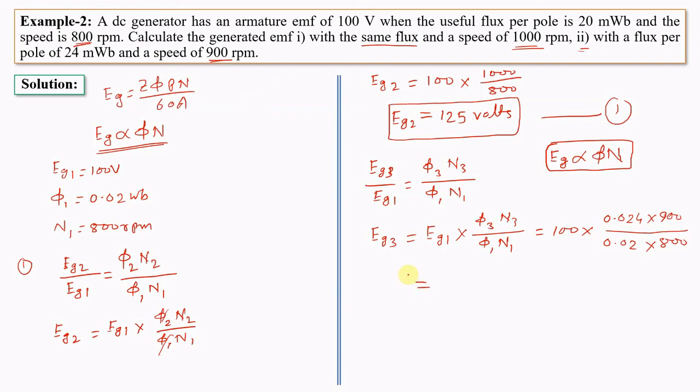So after solving all these values, we will get the generated EMF as 135 volt. So this is the generated EMF of the machine. This is the answer of the second part of the question.